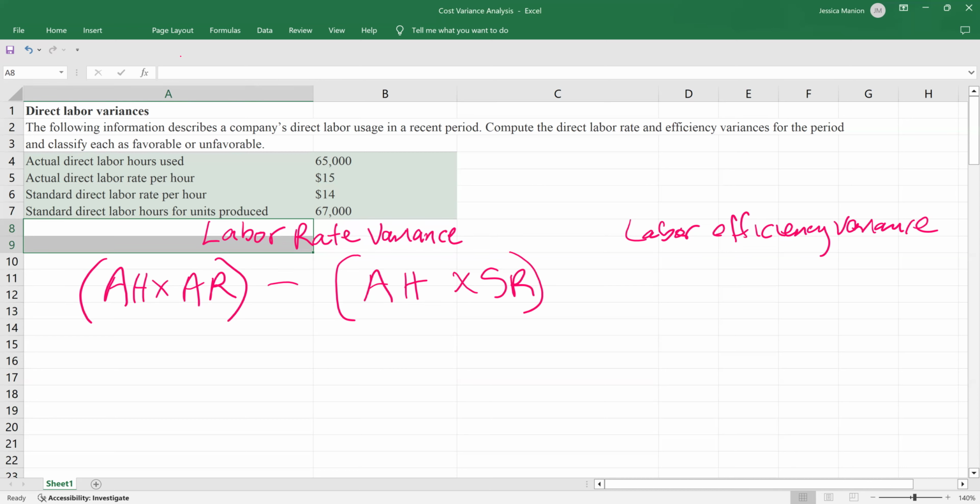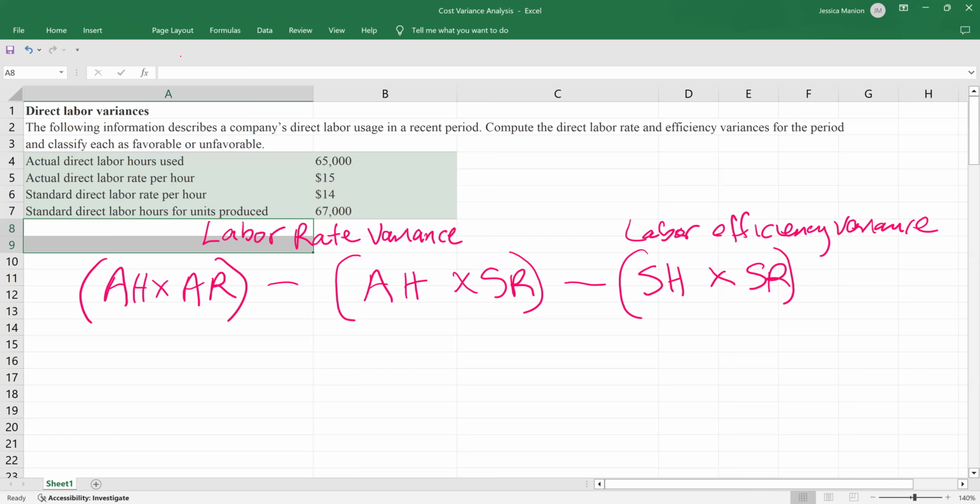And then we compare that to the standard hours times the standard rate. So there are our formulas that we use to break down these variances.